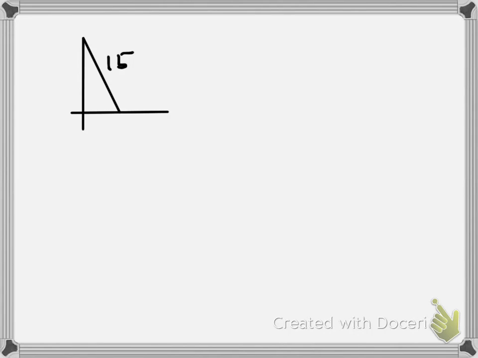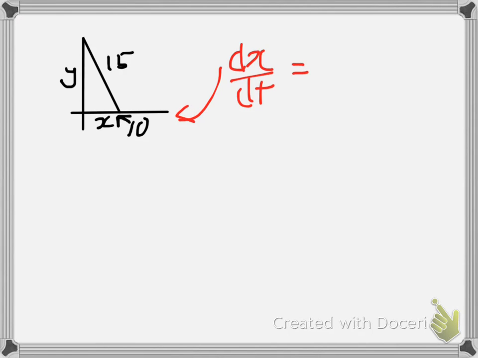I will put here as y, here as x, and the question shows that by the time the base is 10 feet from the wall, the base is moving at a rate of 6 feet per second. So they actually showed us one of the things that we need in the problem solving. So what we get is dx/dt, which is 6.